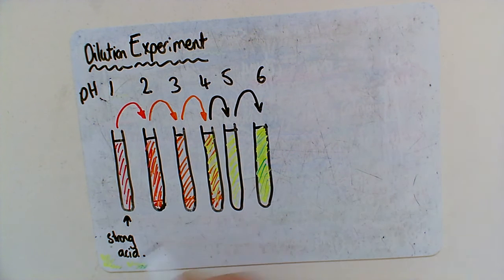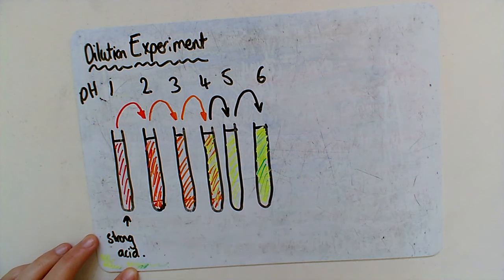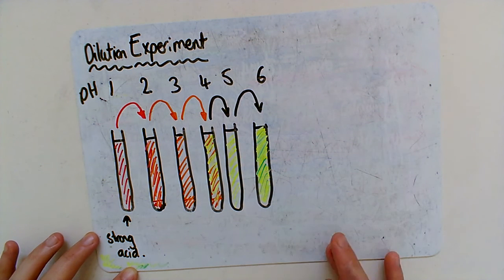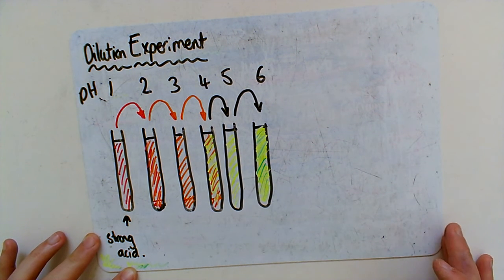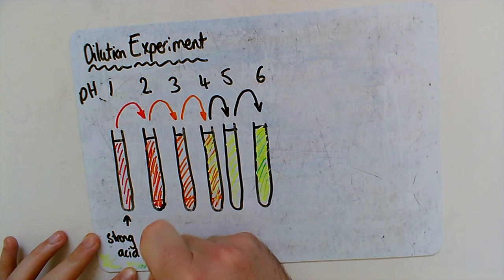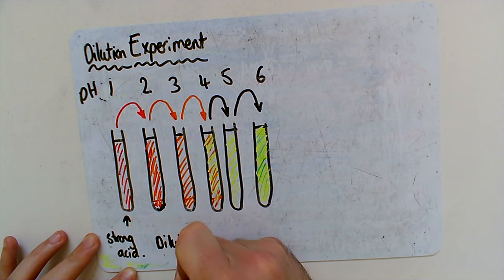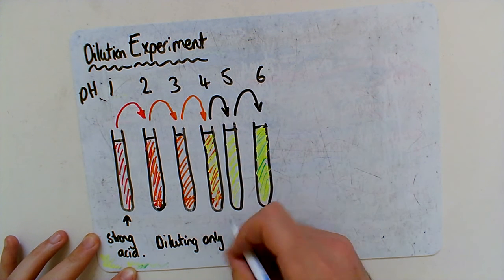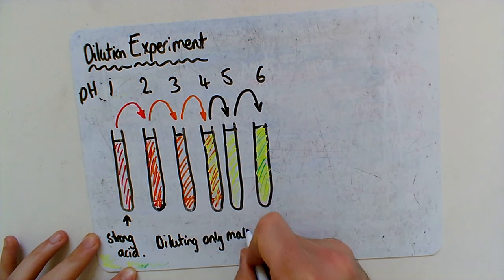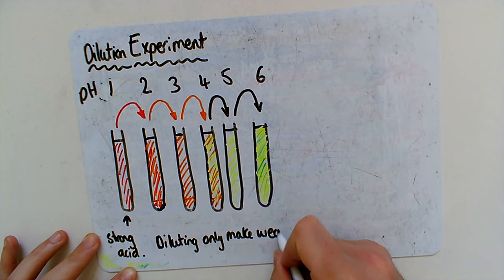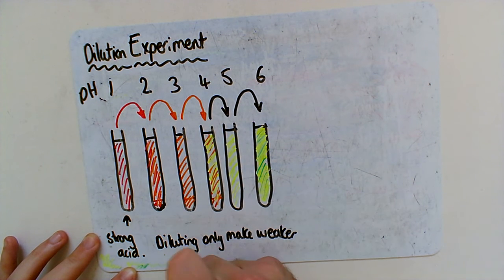But if we start with an acid, we cannot turn that into something that's neutral. We cannot turn it into something that's an alkali. So diluting can only make it weaker. But it's still an acid.